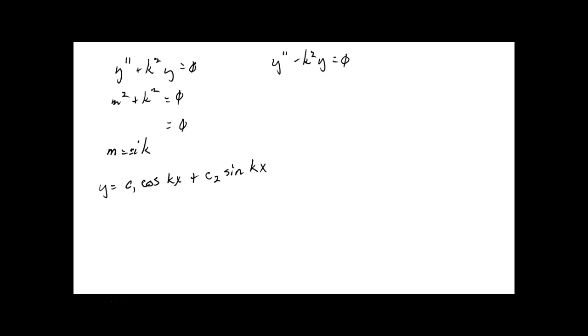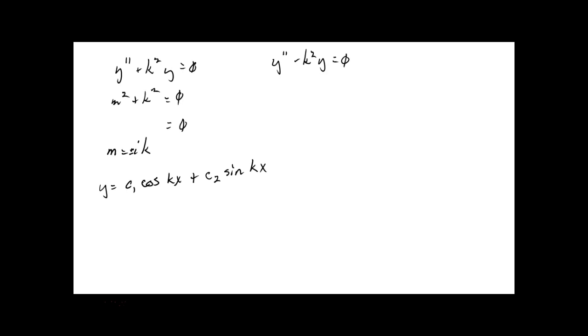What is the first derivative of cosine? Well, let's just do the first derivative of this one. What would that give you? Minus sine. Okay, that would be minus C1 K sine KX, plus K C2 cosine KX, right? Now take the second derivative.